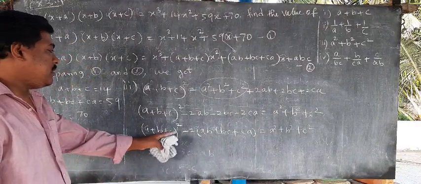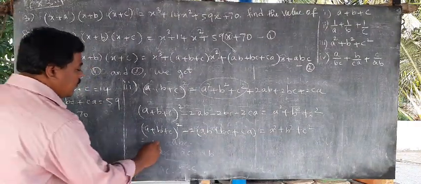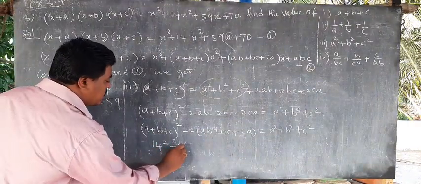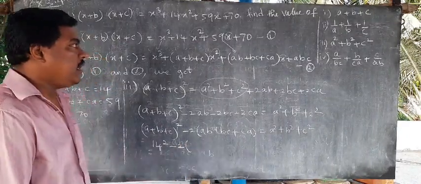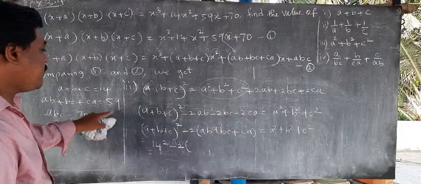A plus B plus C equals what? 14. 14 square minus 2 into AB plus BC plus CA, which is what? 59.